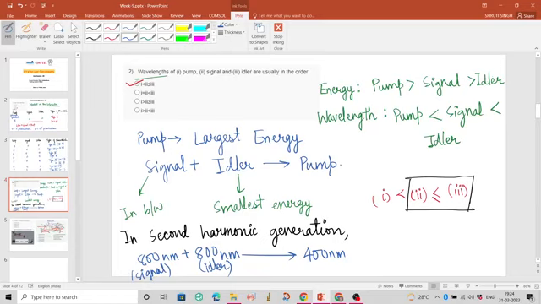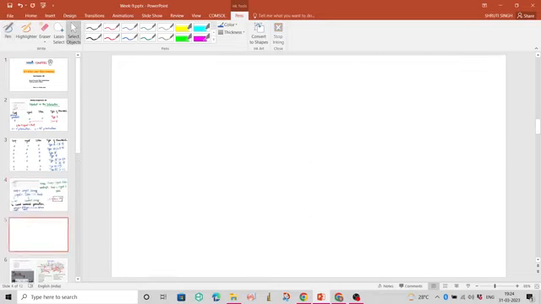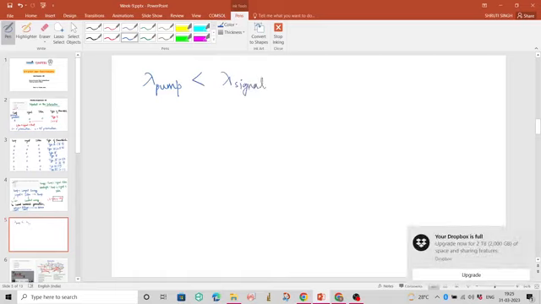So let me write it in a nicer manner. Lambda pump less than equal to lambda signal less than equal to lambda idler.